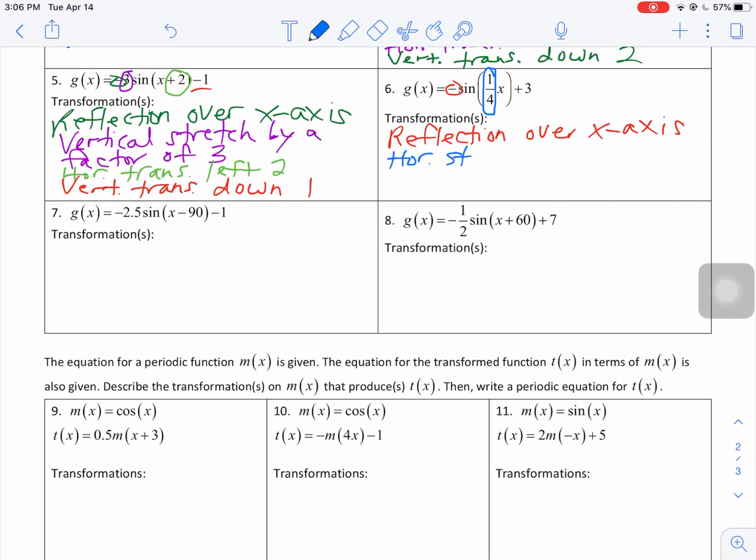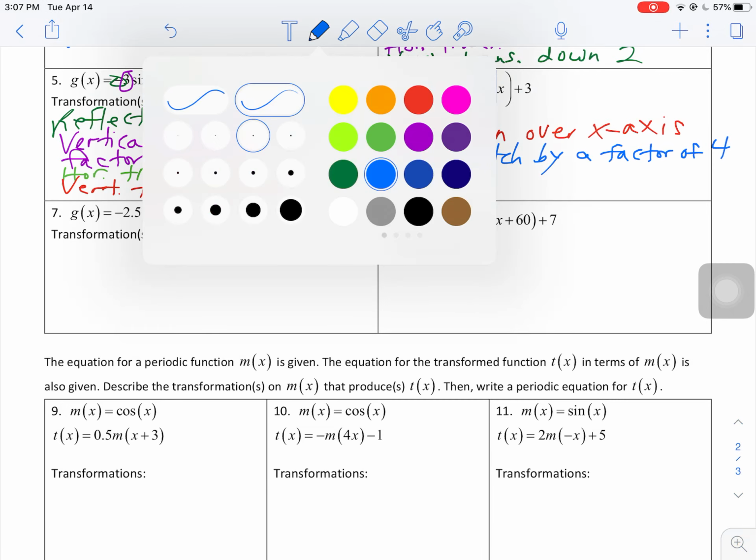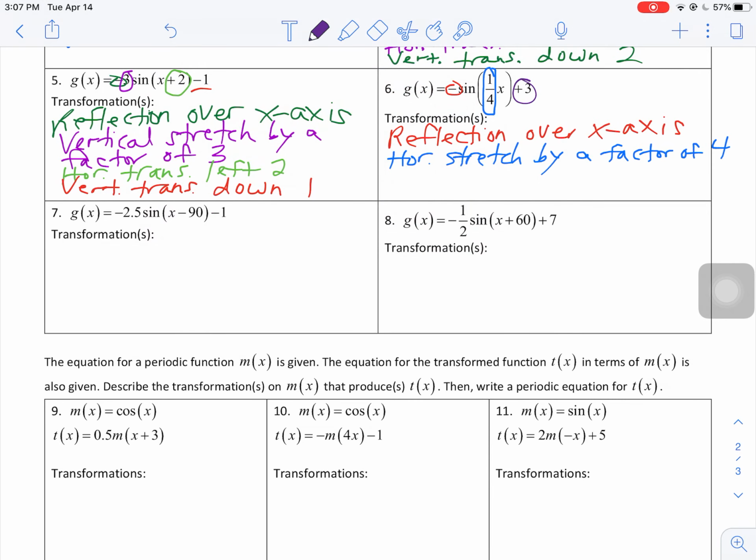So that's going to be a horizontal stretch by a factor of 4, because it's by a factor of 1 over absolute value of B. So 1 over 1/4 is actually the same as 4. And then that plus 3 in the back is just up 3. So vertical translation up 3.